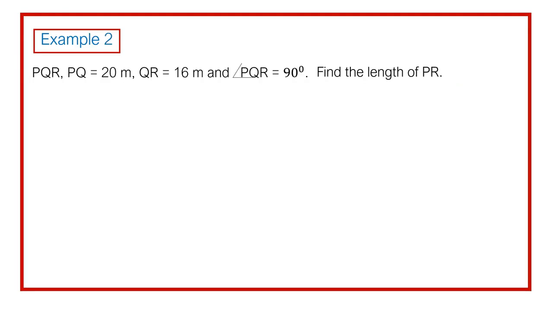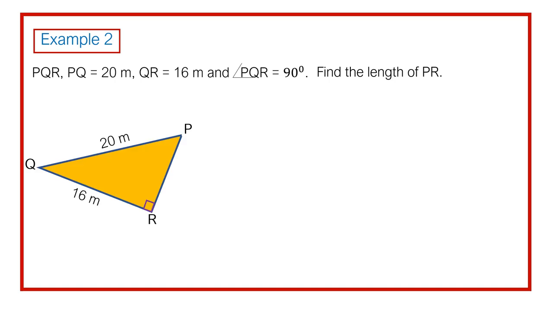In example number 2, we have triangle PQR, where PQ is 20 meters, QR is 16 meters. Now we need to know what is PR, and angle PQR is 90 degrees.